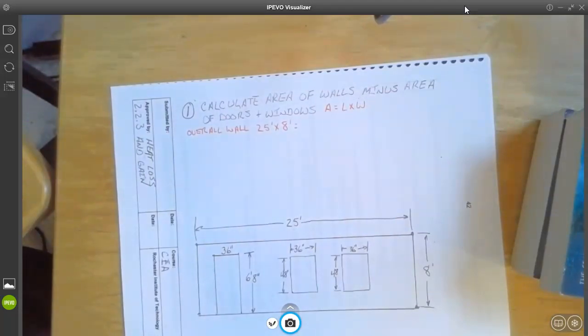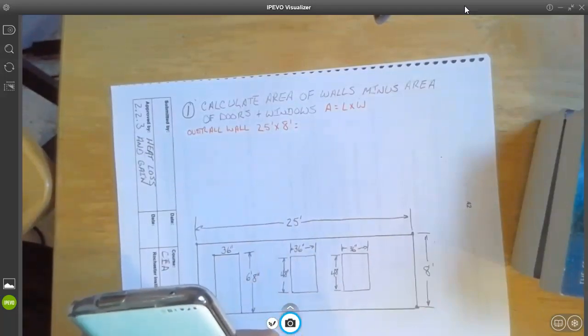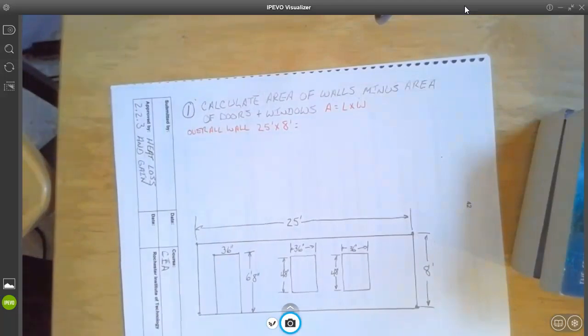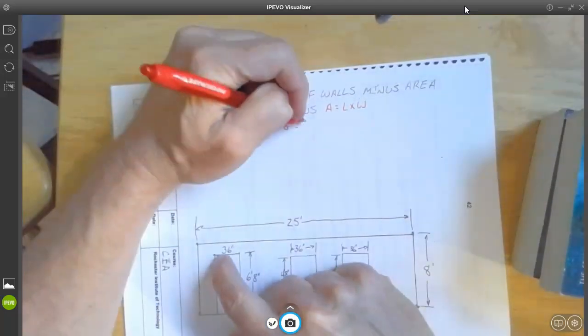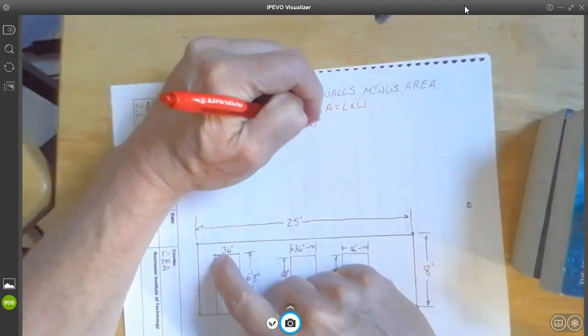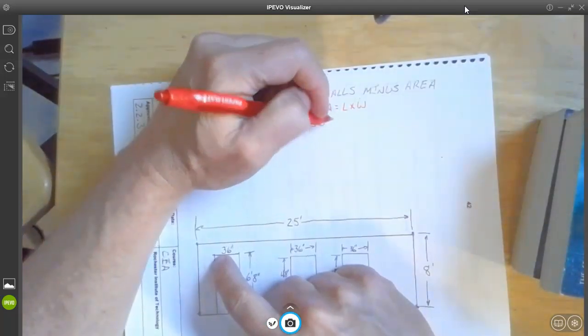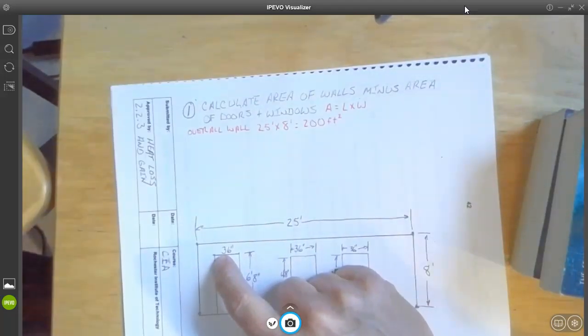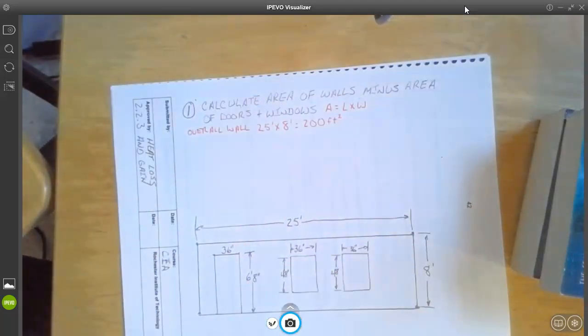So I'm going to clear everything here. And I'm going to take 25 times 8, and that is going to give me 200 feet squared. And you need to keep track of units in these types of things, and that is very important, okay?